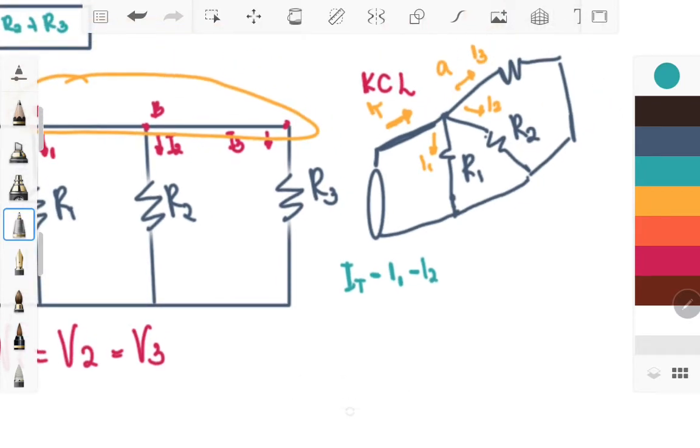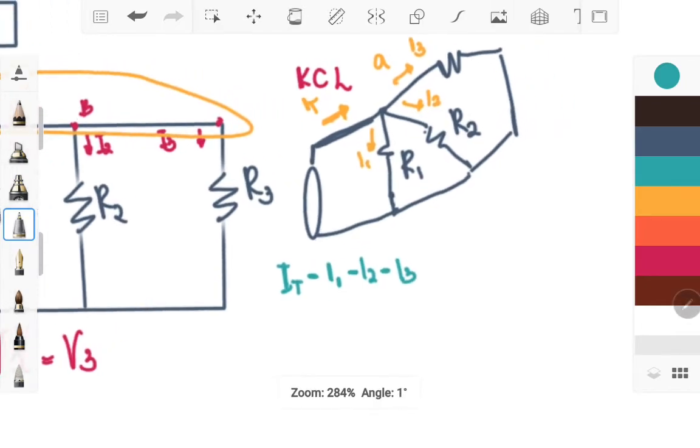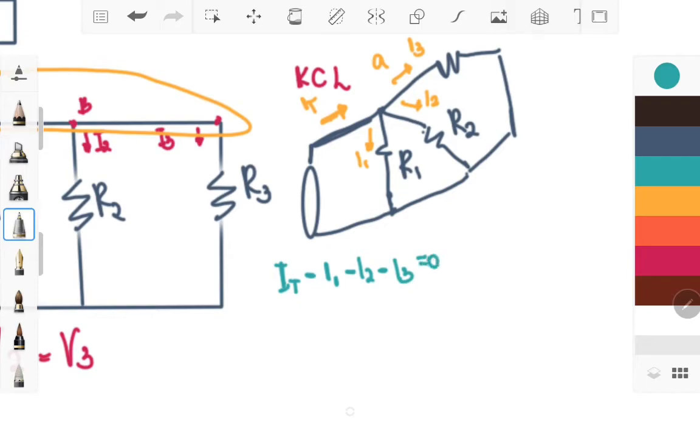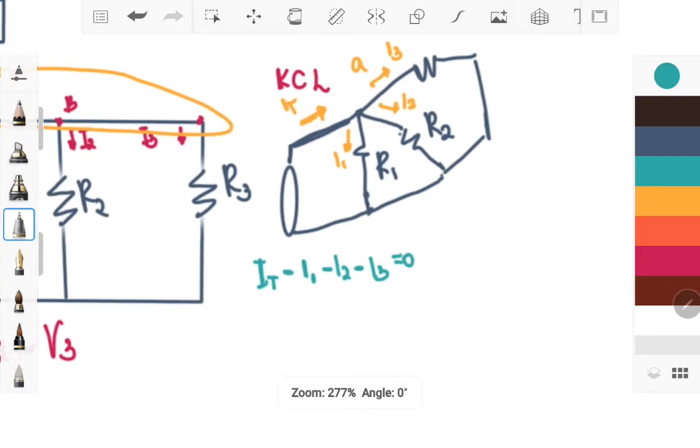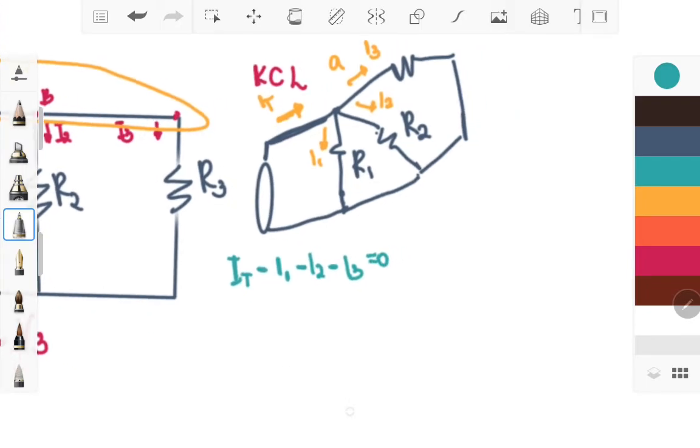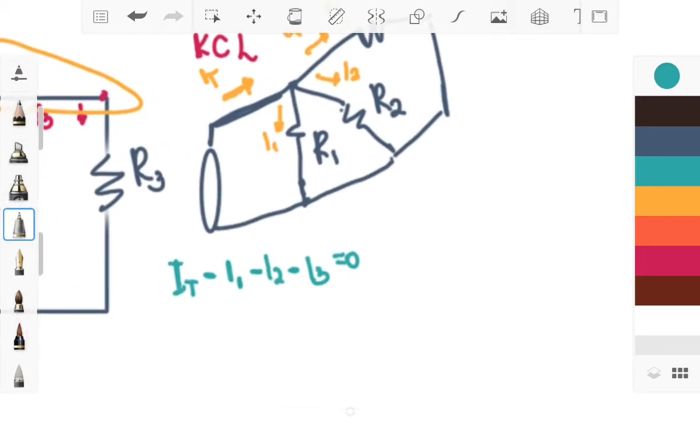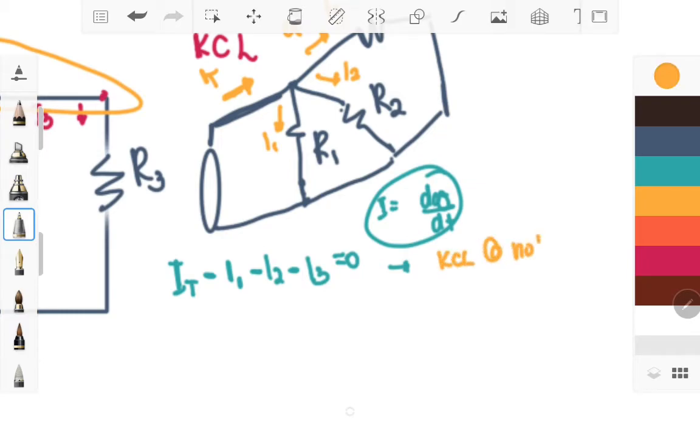So, considering node A, minus I3 equals 0. Note that this follows the rule of your conservation of charges, since I is equal to your dq over dt. Okay? So, it is equal to 0. This is KCL at node A.